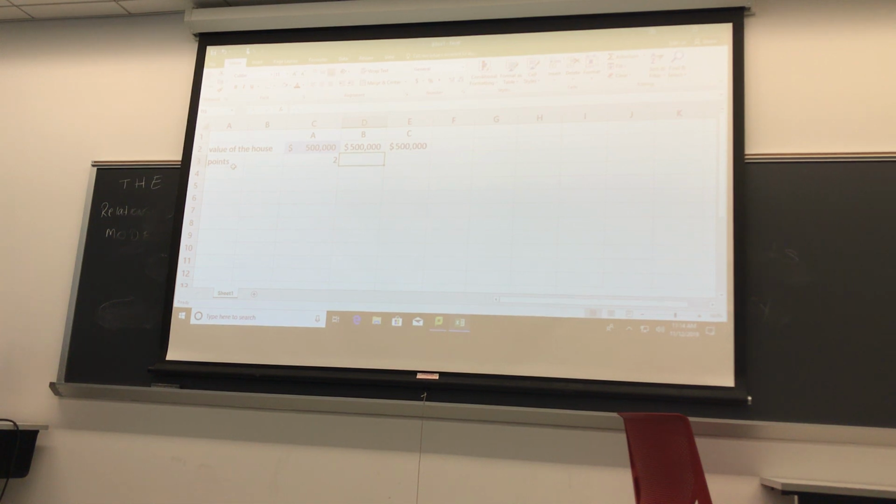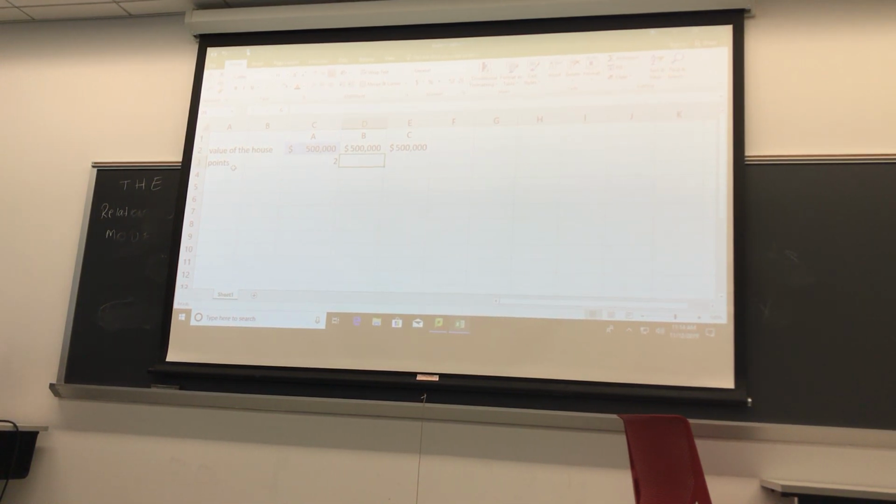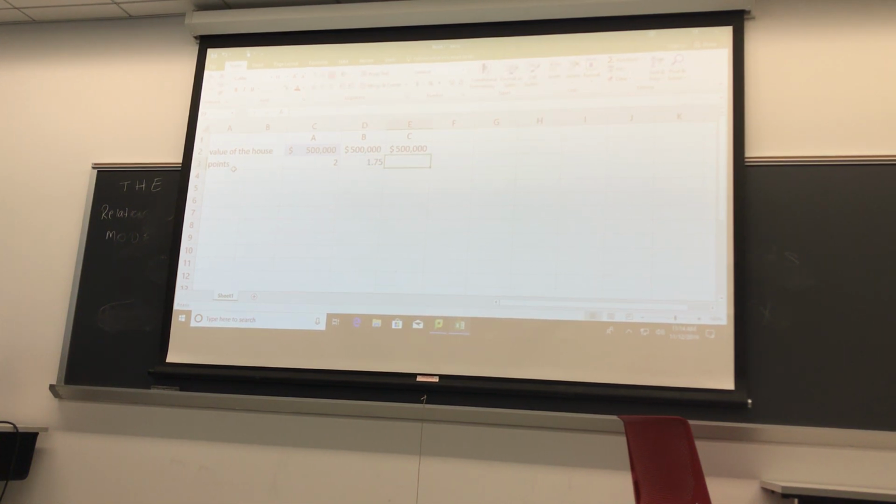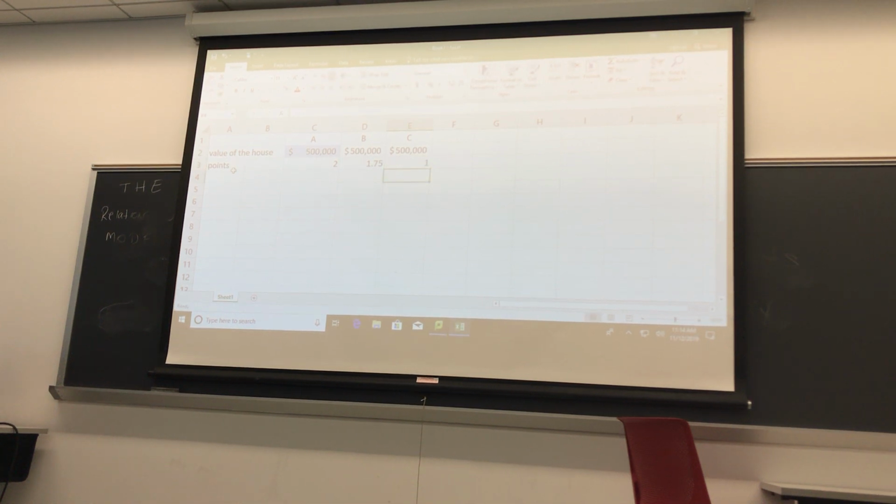Bank B is charging you how many points? 1.75, I think. Bank C charges you how many points? 1.85. These things are given.